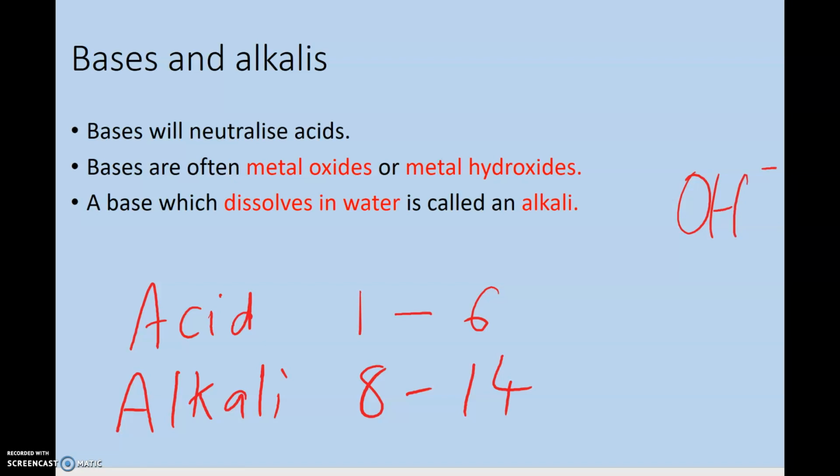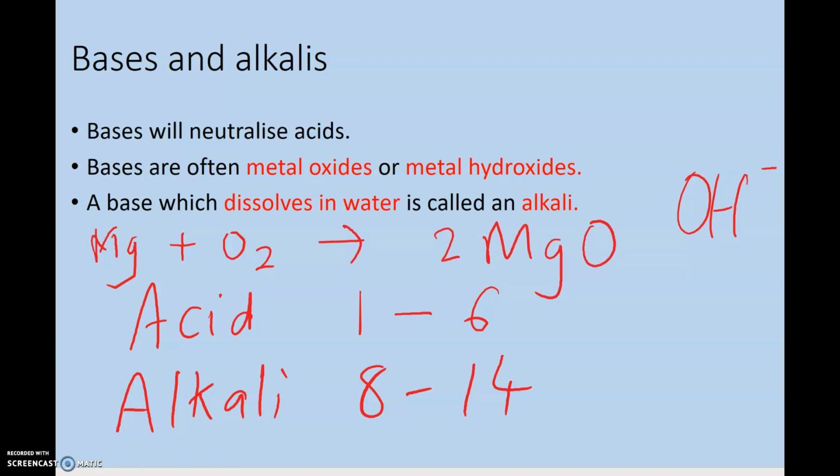So if I was to do an example, I've got magnesium plus oxygen, that gives me magnesium oxide, and to balance it, I've got to put 2 and 2 there. So that's one of the reactions, and for a hydroxide you will have OH minus with your metal.